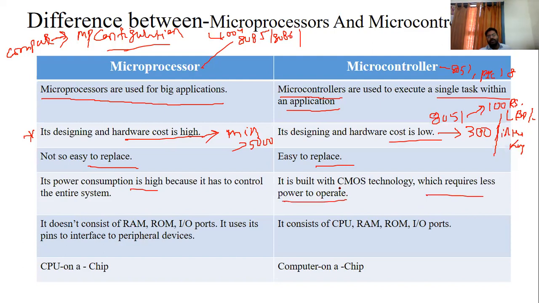less, because those are developed in CMOS technology. But nowadays, these microprocessors are also developed on CMOS technology. CMOS is nothing but a transistor technology. Remember, transistor technology.